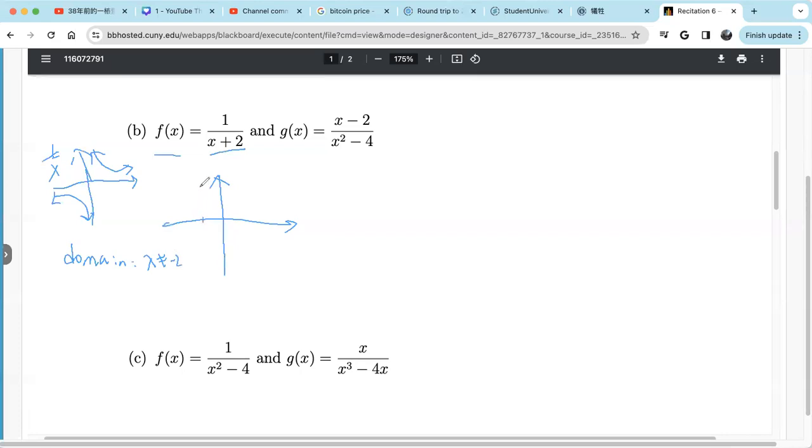So at the value of -2, that's a vertical asymptote. For 1 over x, the y-axis is a vertical asymptote. But for this one, x equals -2 is a vertical asymptote. Right? Then we know our graph goes this way.